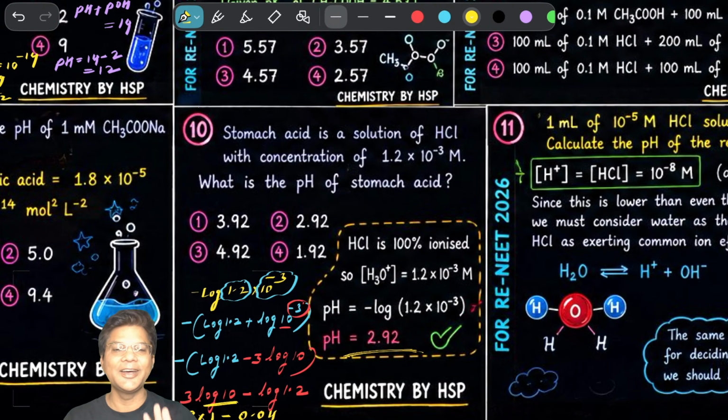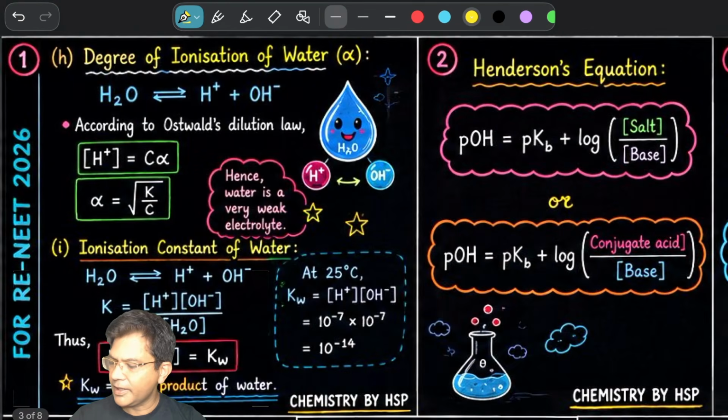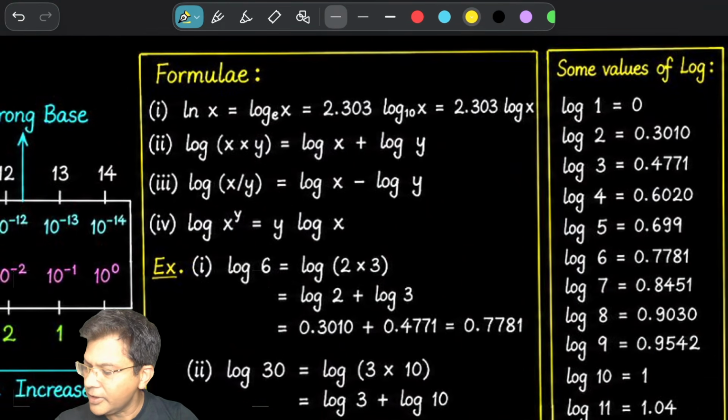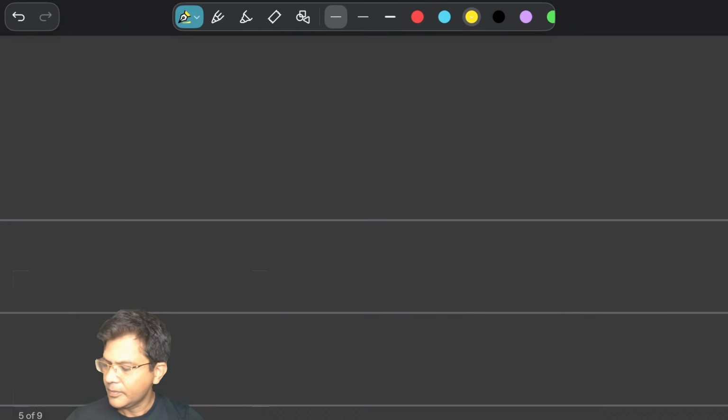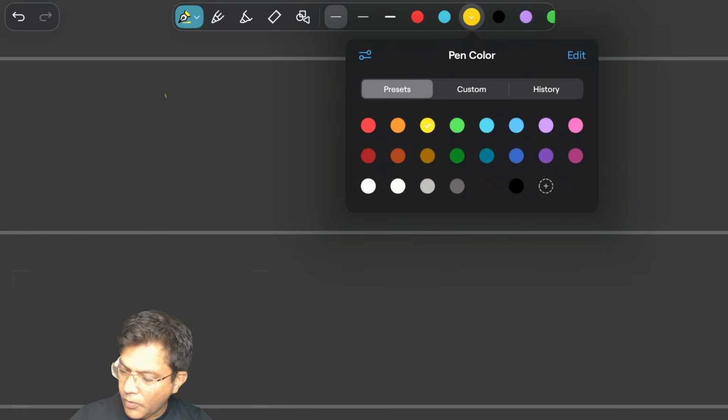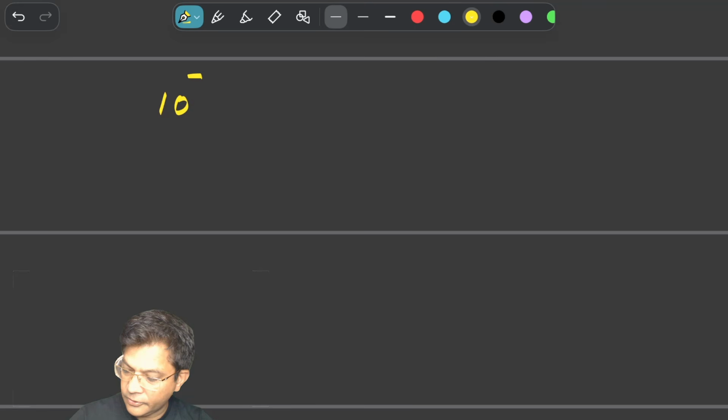Now this is done and dusted. Now my dear students, let me frame out one or two questions from Baba H.S.P's side, okay? Let's see to it, everyone, that I am provided with first, 10 raised to the power minus 4 molar HCl.